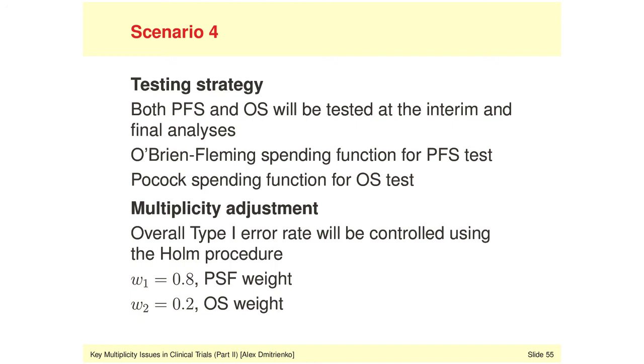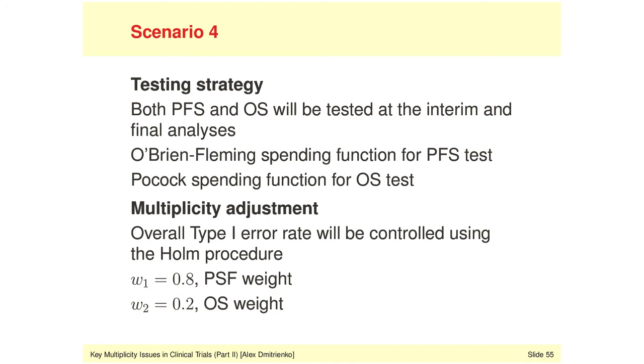We know that when we compare data maturity for those two endpoints, PFS and OS, data tends to be less mature for the overall survival test, and therefore using a more generous, if you will, alpha spending function, such as the Pocock spending function, helps us improve power of the overall survival test at the interim analysis.